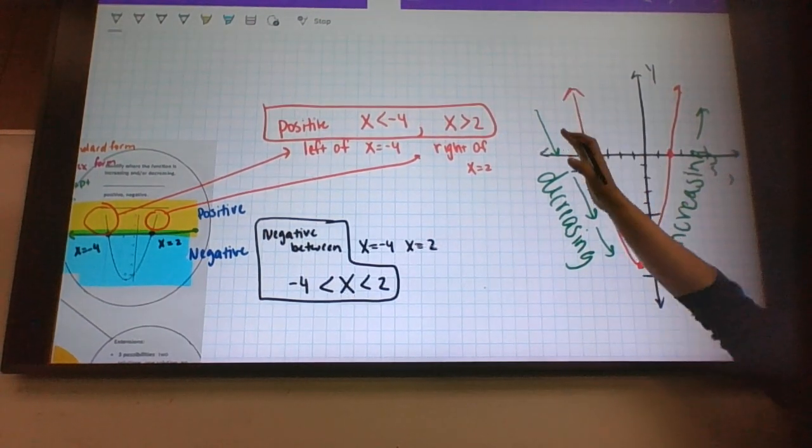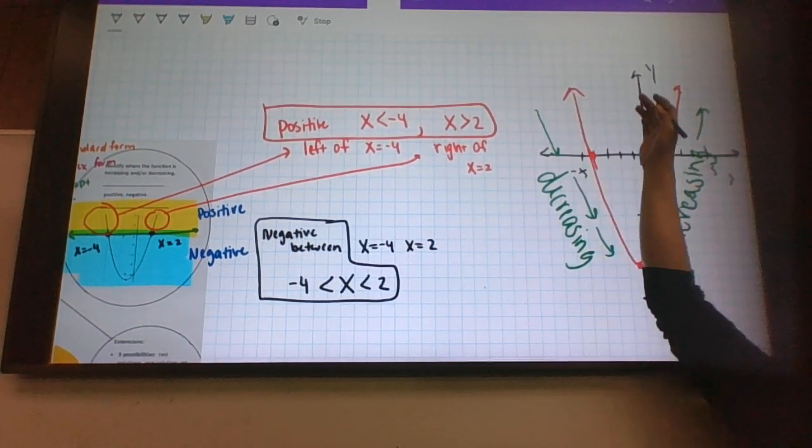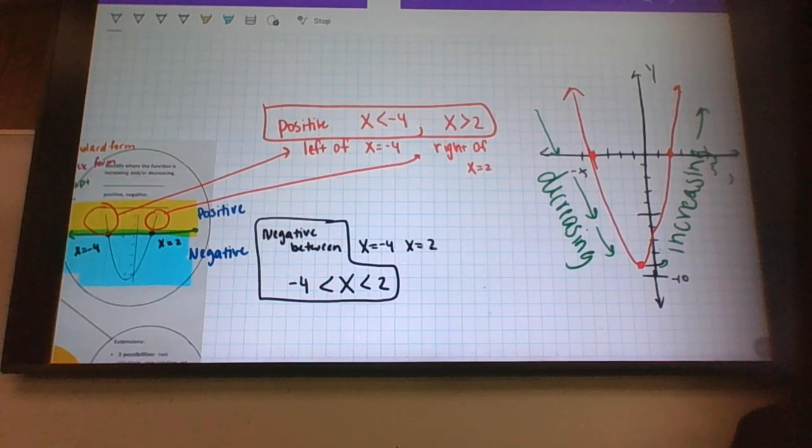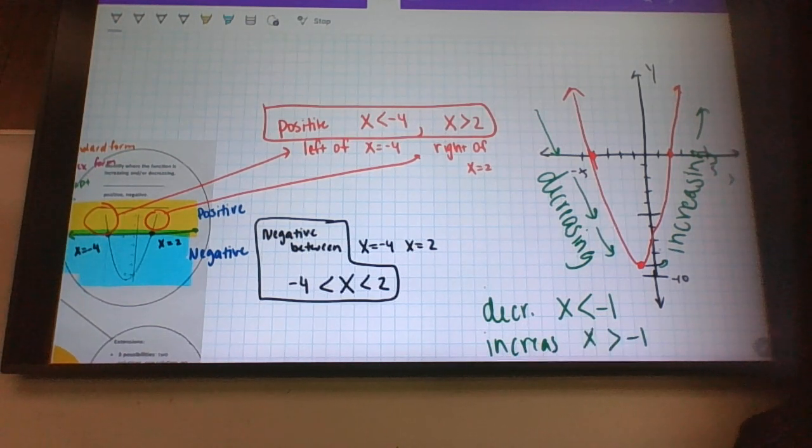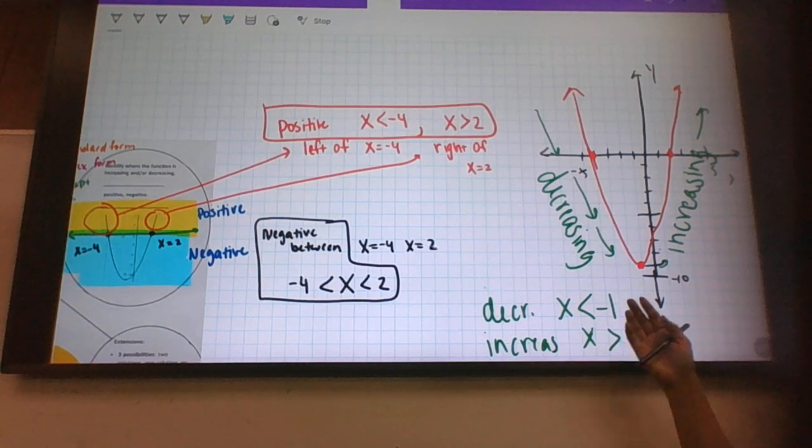So we're saying slide down, increase up. So it's decreasing when x is less than -1, and it's increasing when x is greater than -1. Right at the axis of symmetry, decreasing, increasing.